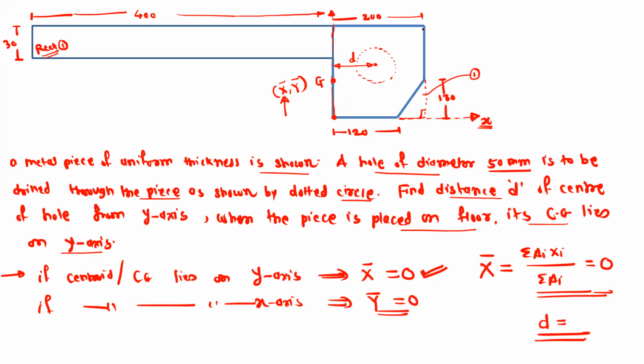Then we will consider this rectangle having the dimension 200. So this is equal to 50, so the total will be 180.